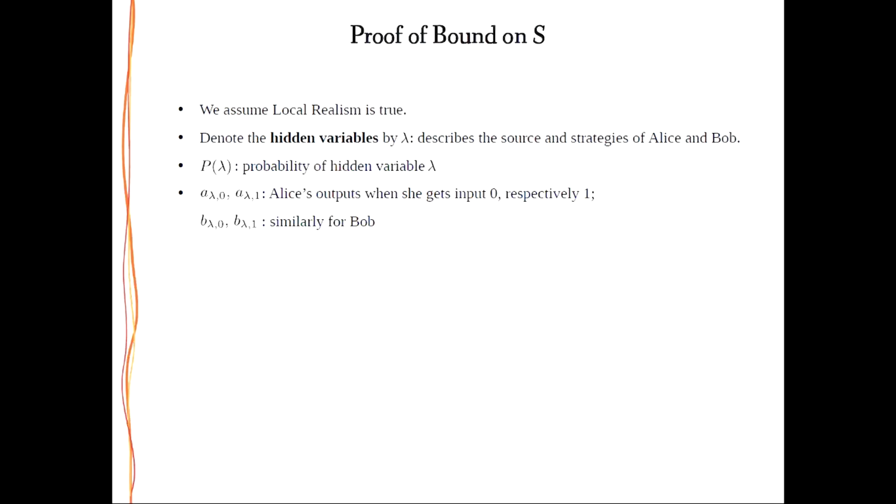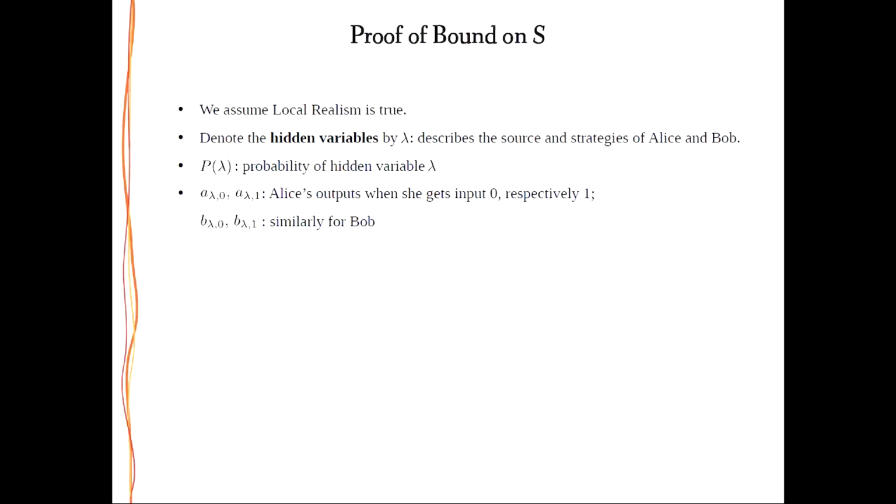For instance, A(lambda, 0) tells you what Alice's output will be, given that she gets a 0 as input and given the hidden variable lambda. The hidden variable covers the source, the strategies of Alice and Bob, and basically the entire universe. Given the hidden variable lambda and the input, the output of Alice and Bob is fixed.